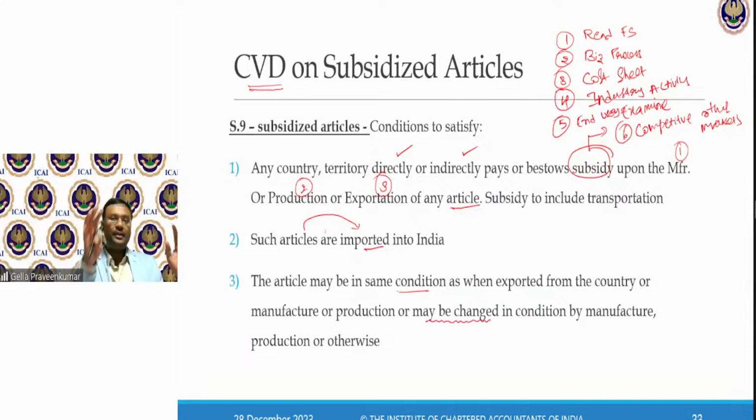Is there any incentive received by this particular company? Please remember your Accounting Standard 12. Accounting Standard 12 deals with accounting for government grants. Similarly, there is a reference to your Ind AS. When I read the financial statements, is there any incentive bestowed on this particular manufacturer, directly or indirectly by the government?